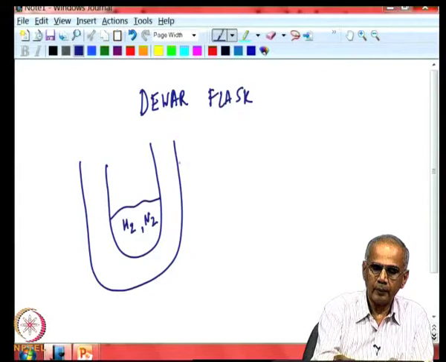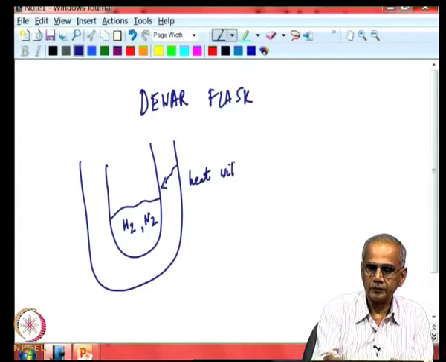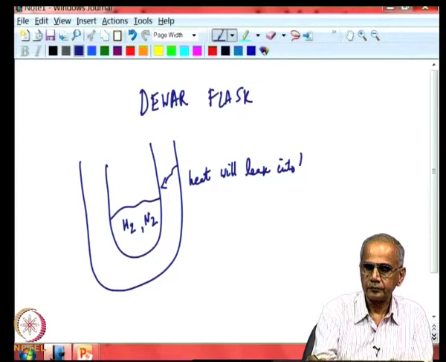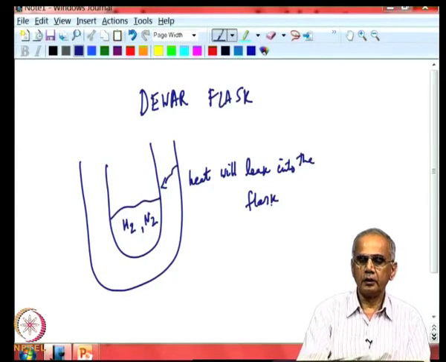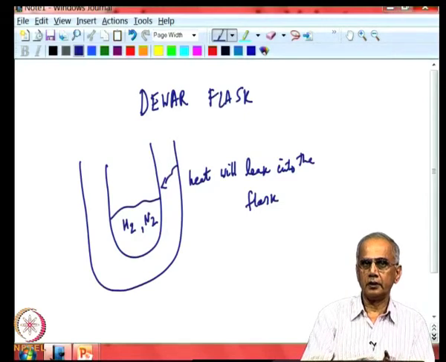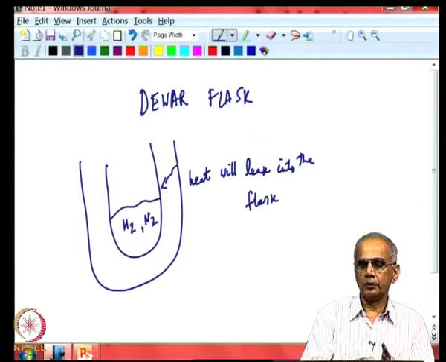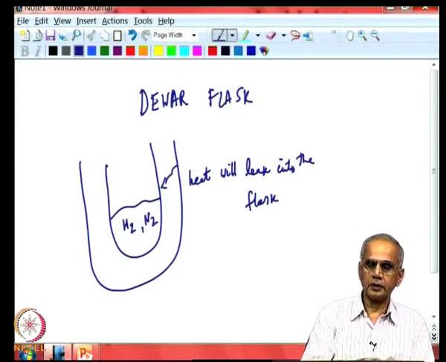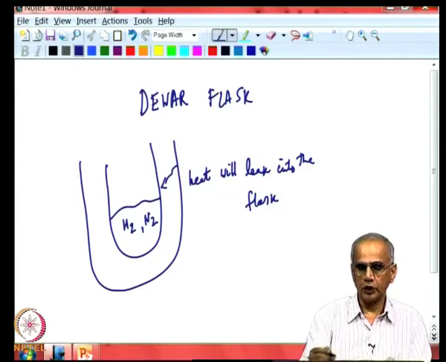And so, you will imagine that from the ambient, heat will leak into the flask. And the main purpose of this Dewar flask is to cut down the amount of heat leaking from the outside into the flask, because as the heat leaks in, the liquid will start boiling and will lose liquid.